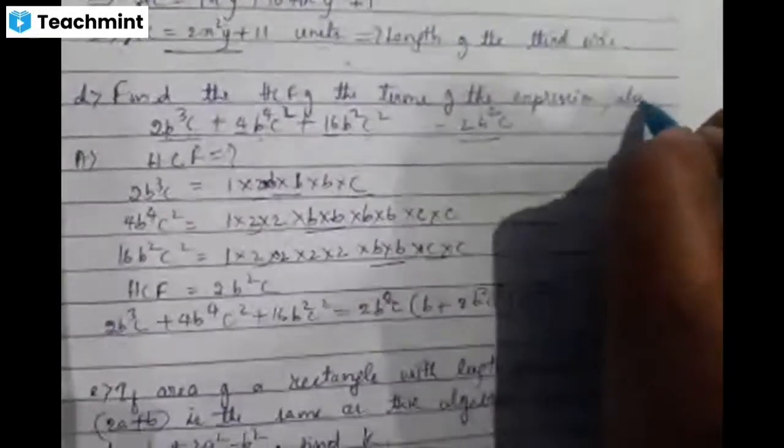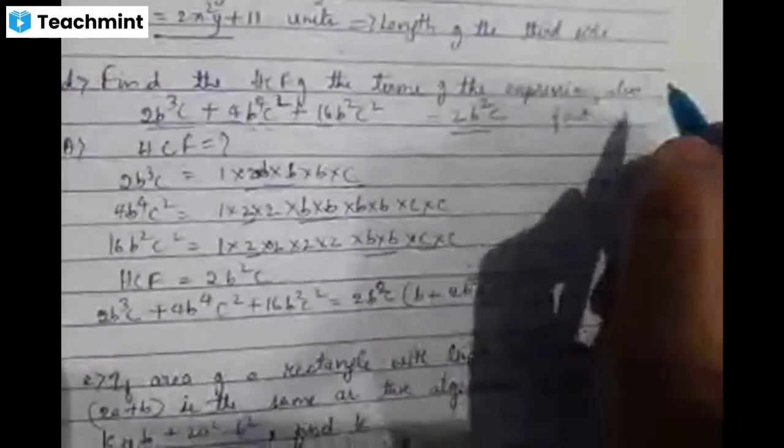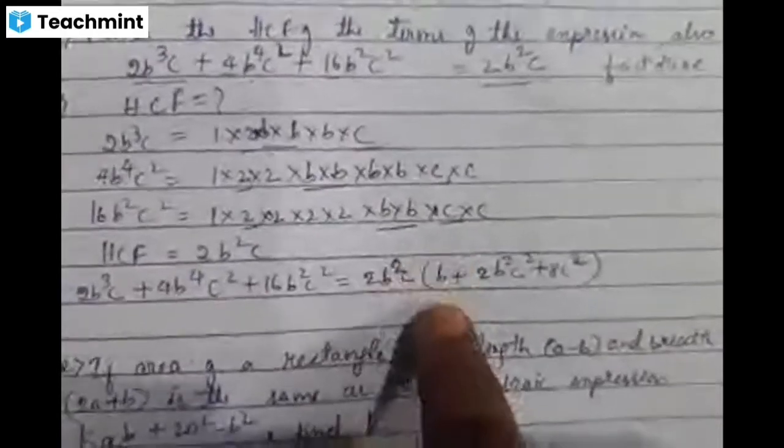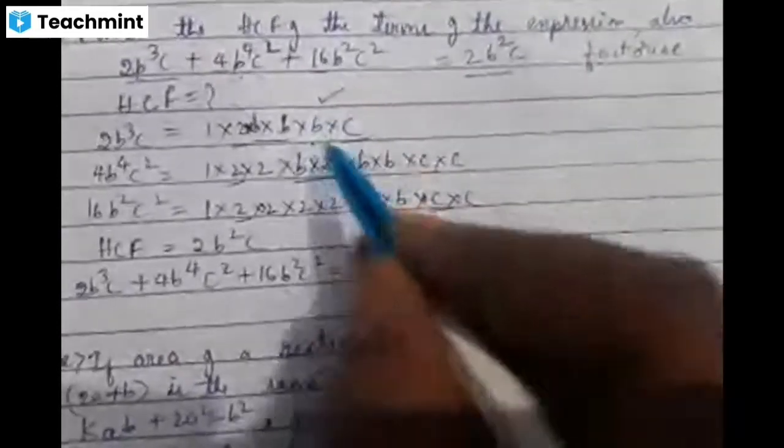And also we have to factorize, children. Here the question is also: write the factors of the above expression, or simply factorize. Factorize means we have to take the given expression and write the HCF outside the brackets. Inside the brackets, whatever is left, we will write here. What is left in the first term? Only B is left.